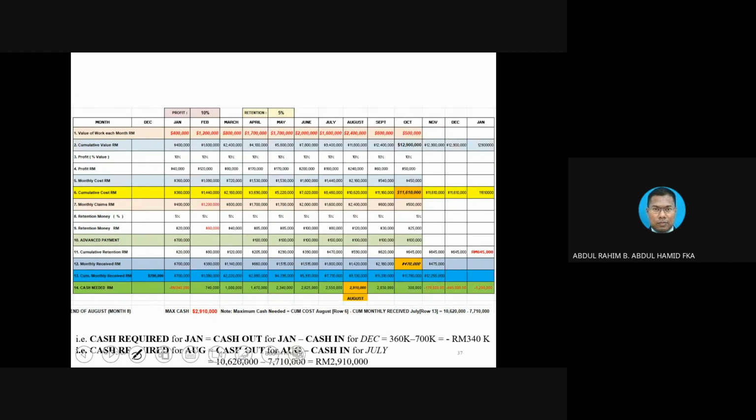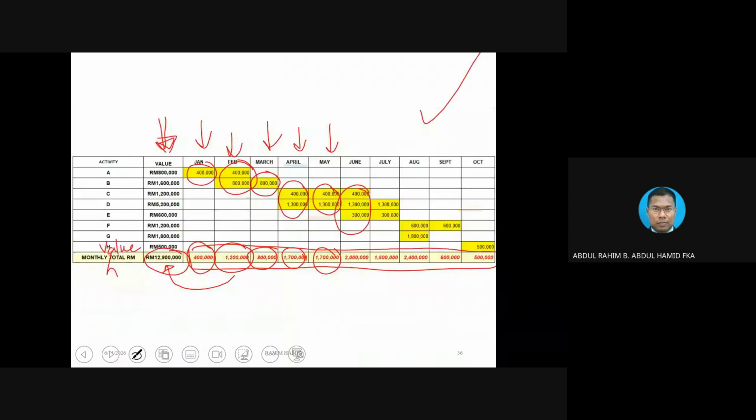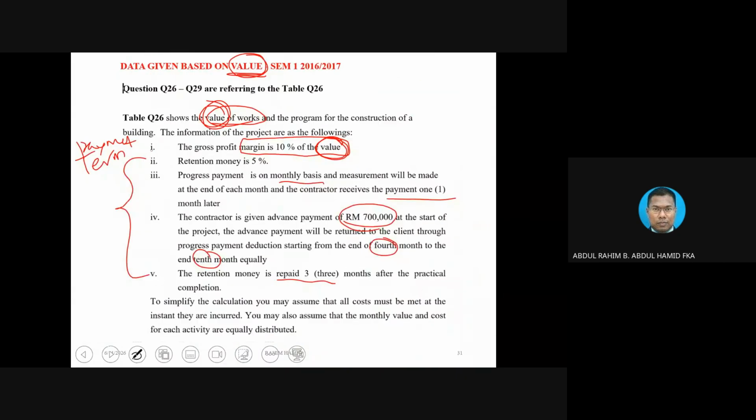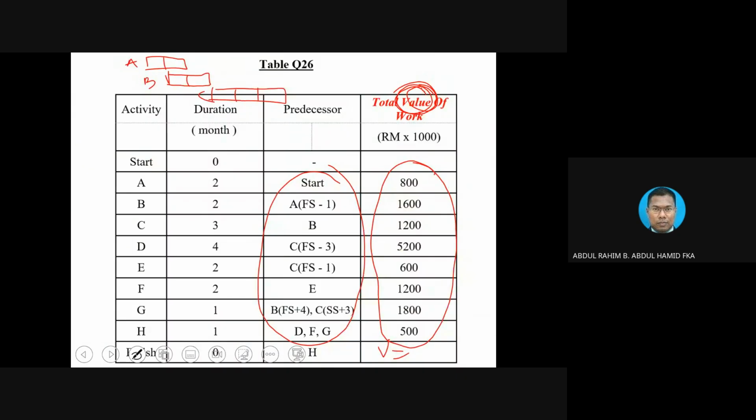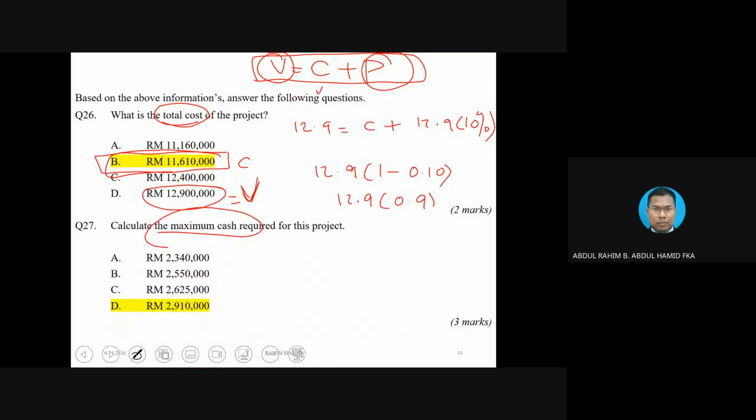Okay, first row, value of work. Why value? Because we start the question with value. The data given is based on value. So don't get confused, because the exam could ask you based on value or cost. If it is given cost, you start with the cost. If it is given based on value, you start with value.